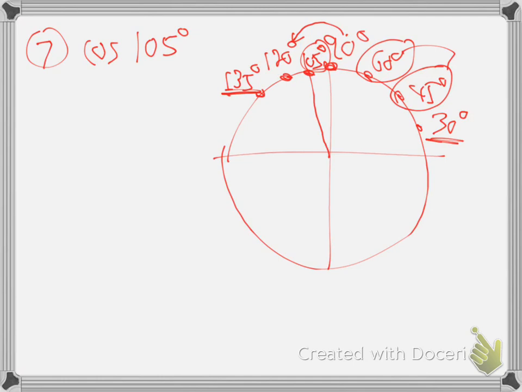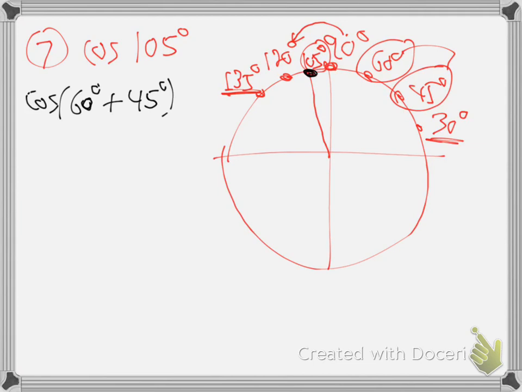So, 105 is not one of my spots. So I'm going to have to say, well, 105 is 60 plus 45. It's 60 plus 45, isn't it?